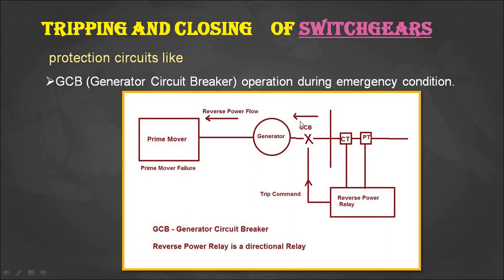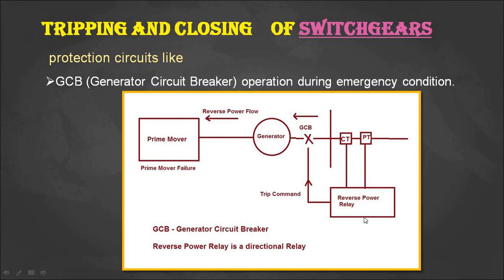If this reverse power flows through the generator, then the stator winding may get damaged because of the overcurrent. That can be avoided by sensing the reverse power using the relay and then tripping the generator circuit breaker. In order to trip the generator circuit breaker, the reverse power relay has to act.